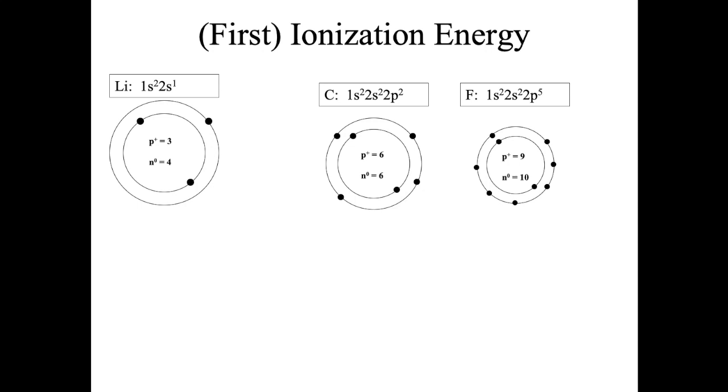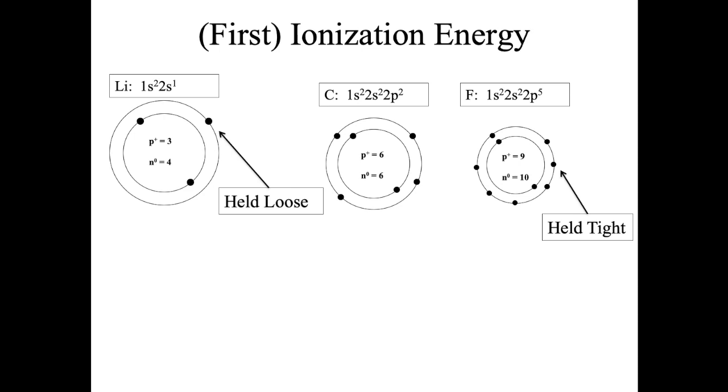Now let's look at ionization energy across the period. So again, we have lithium. Lithium has only 3 protons in the nucleus, so it has a relatively low nuclear charge. So its outermost electron, compared to the others in the period, will be held more loosely. However, in fluorine, fluorine has 9 protons in the nucleus, so that's a much higher nuclear charge.